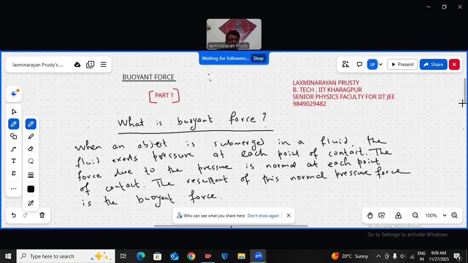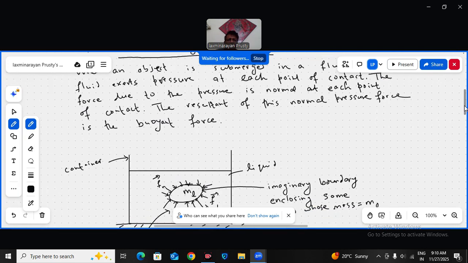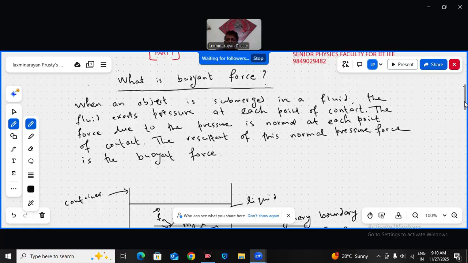So let us discuss what is buoyant force. I have written very clearly, as you see, when an object is submerged in a fluid, the fluid exerts pressure at each point of contact. This you must be knowing from the basics of pressure in a fluid.